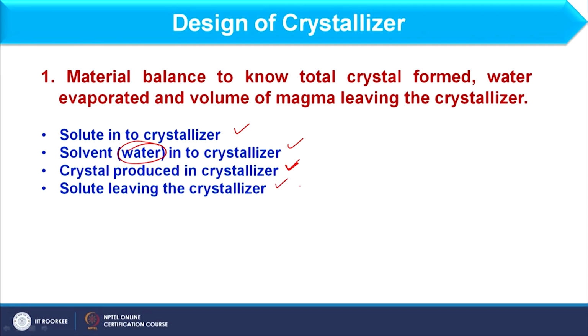So, from the total solute how much crystals are formed, and what is the concentration of solute remaining in the solution which will leave the crystallizer, because further crystallization will not occur when the solution is not at supersaturation condition, right.